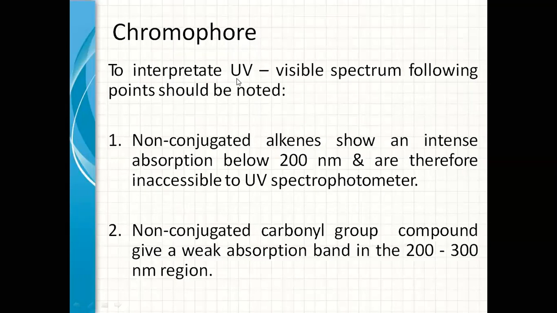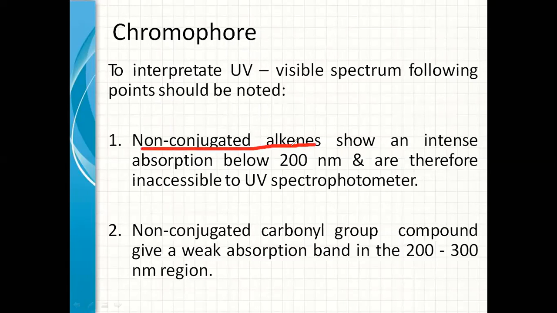To interpret a UV visible spectrum, the following points should be noted. Non-conjugated alkenes show an intense absorption below 200 nanometers.